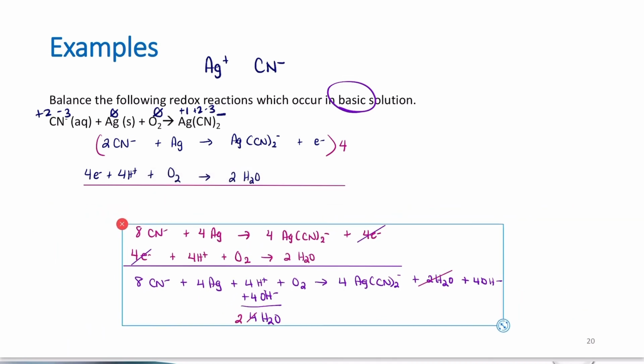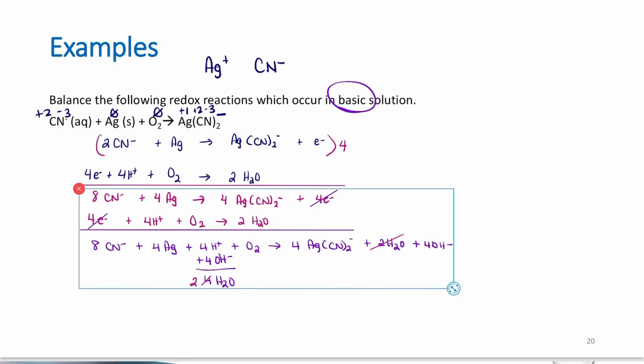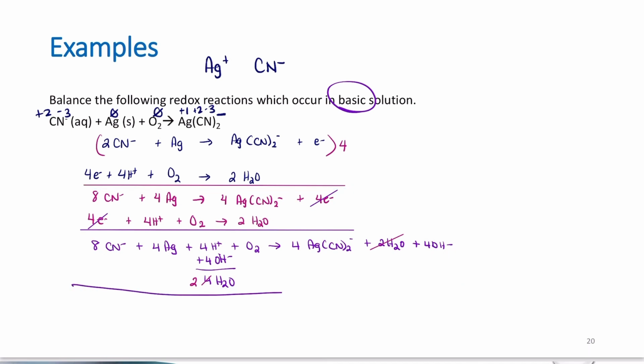And let's rewrite our final equation here. In the end, I have 8 CN minus, 4 Ag.